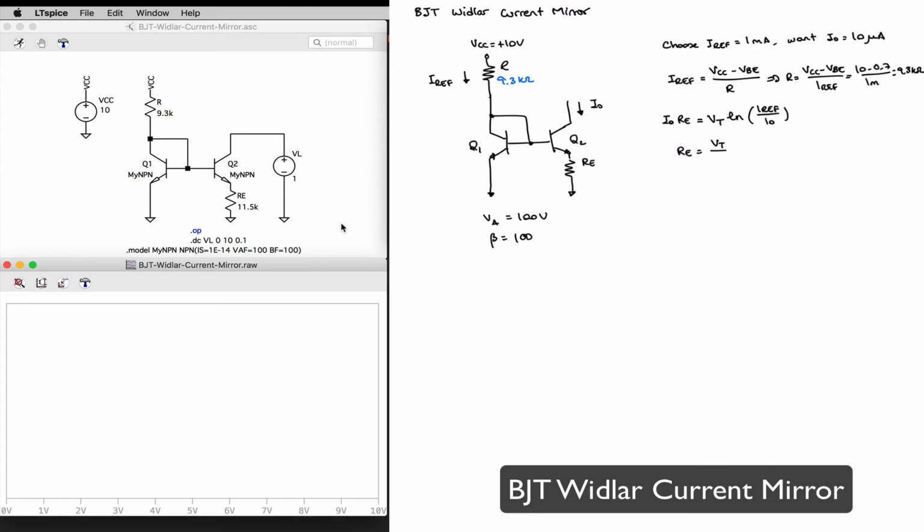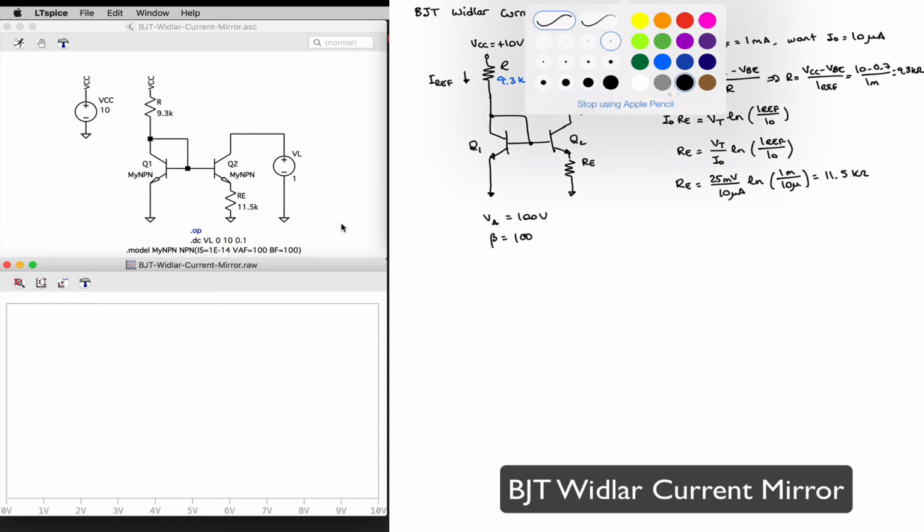That's going to be VT divided by I out, natural log of I ref over I out, or 25 millivolts divided by 10 microamps, natural log of 1 milli divided by 10 micro. And that gives me 11.5 kilo ohms.